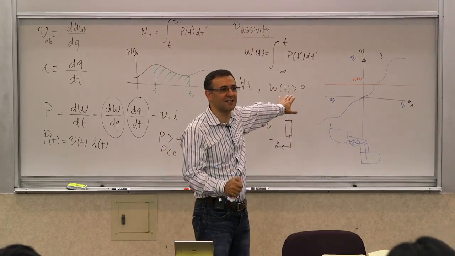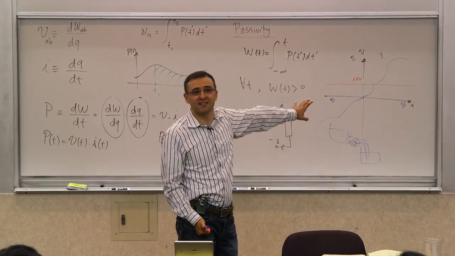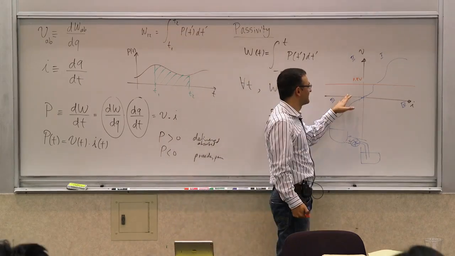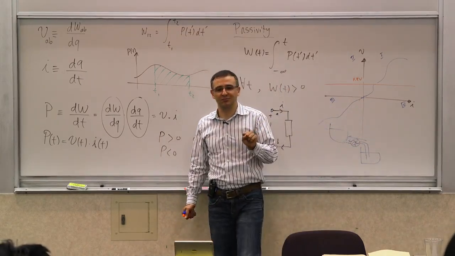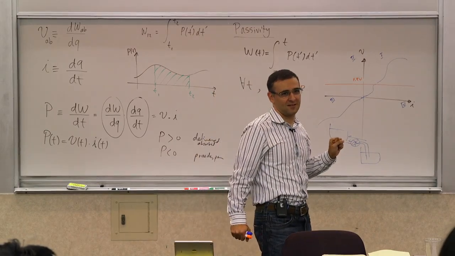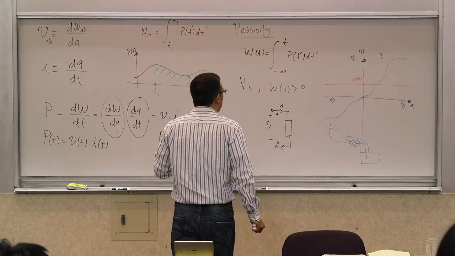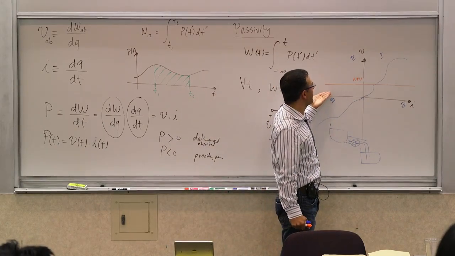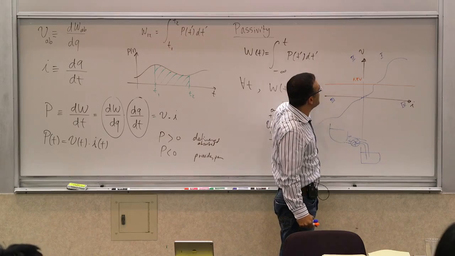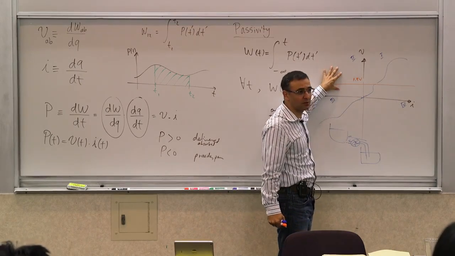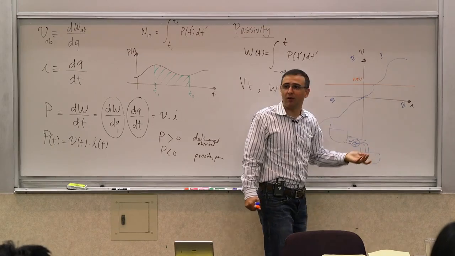This really does not exist, and I can show you something in a few minutes that will tell you that it cannot exist. But this is a pretty interesting view of the thing. Is it passive or active? It's obviously active because it goes into the second quadrant. It can provide energy.